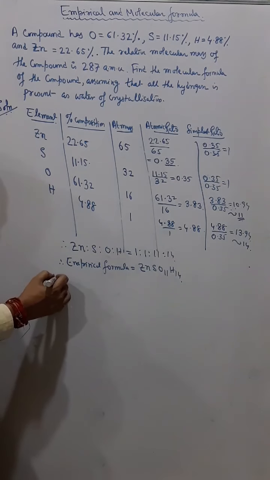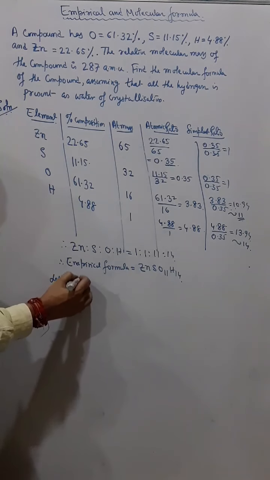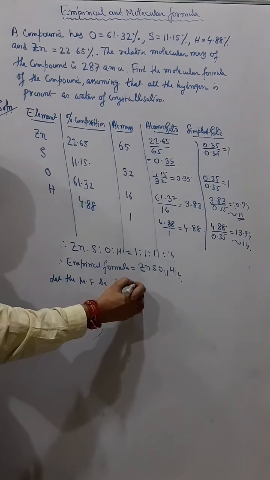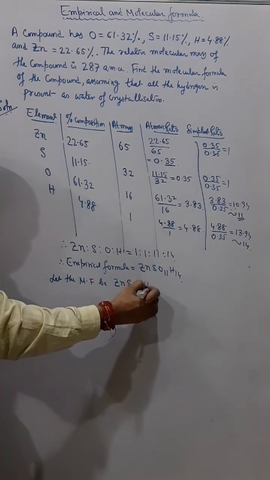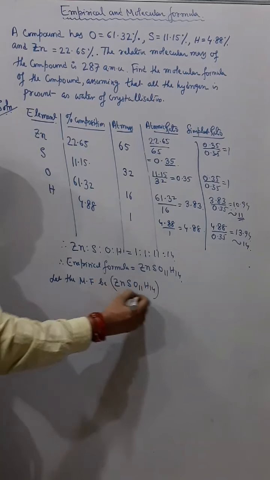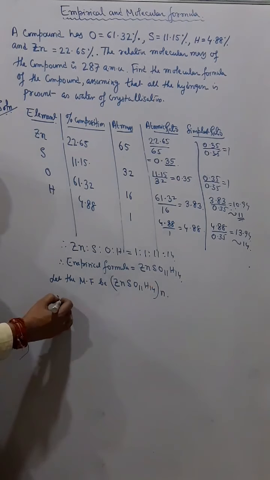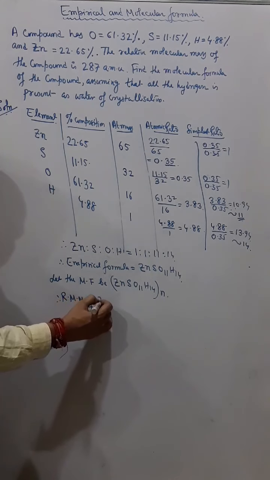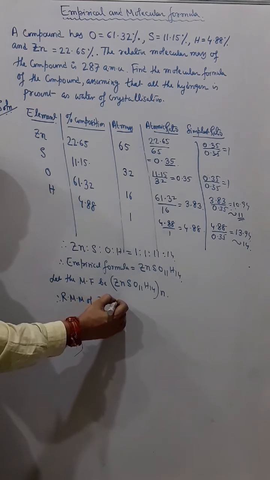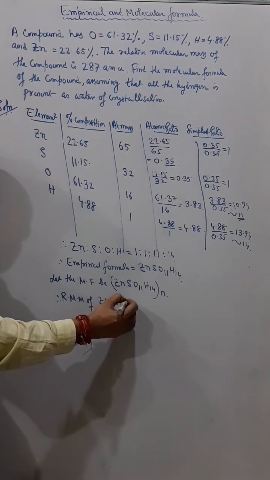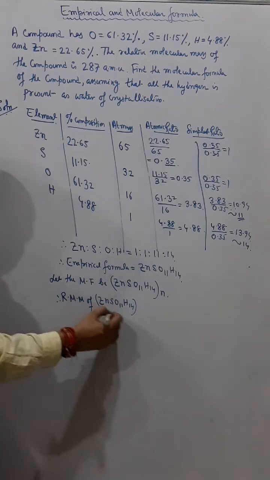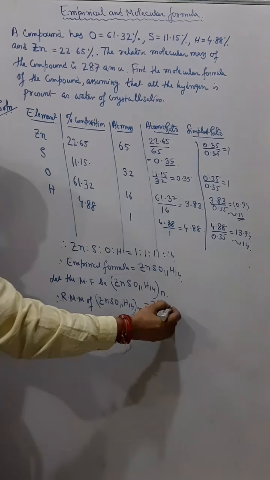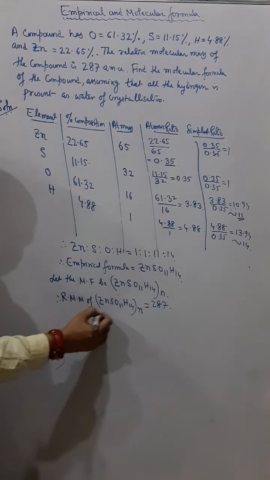Let the molecular formula be (ZnSO11H14) whole n, and therefore we can say the RMM of (ZnSO11H14)n should be equal to 287. Now we'll calculate.